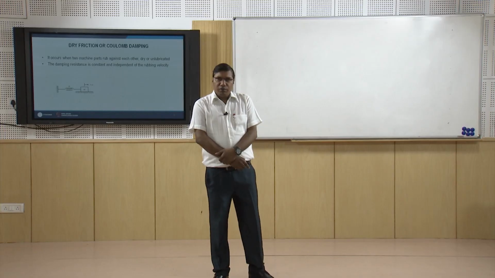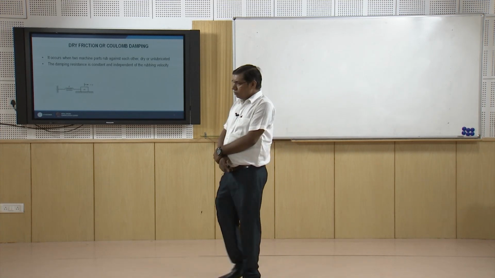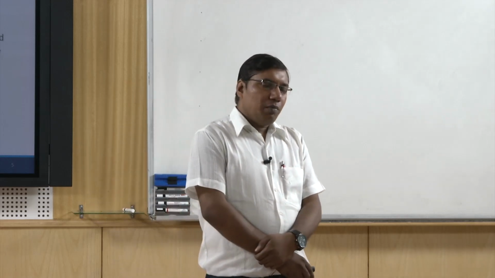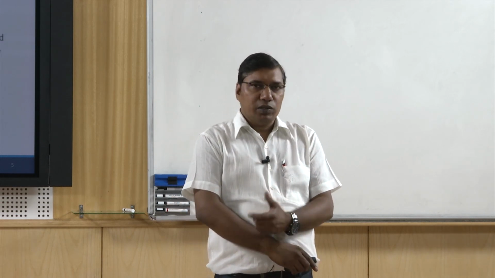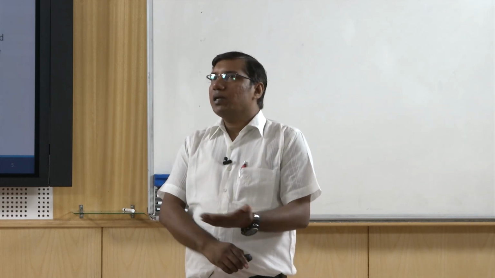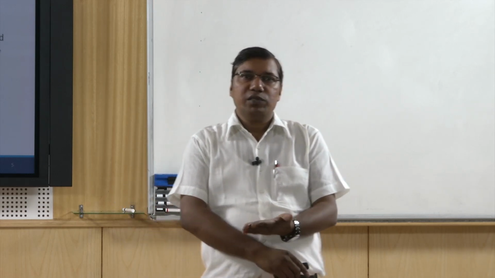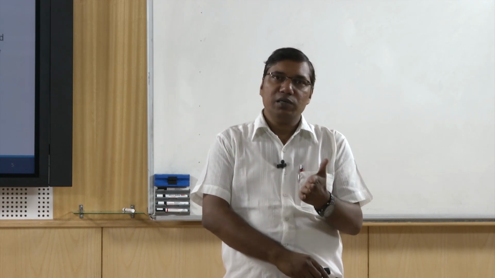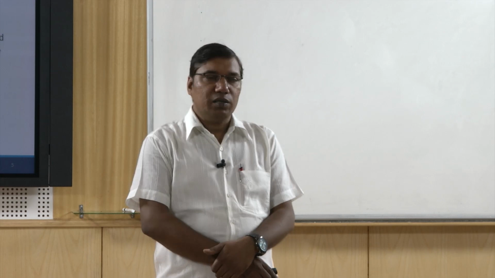Then another type of damping is dry friction damping or Coulomb damping. Whenever a mass is sliding on some surface, there is friction between the two surfaces, and due to the friction there is some energy dissipation, because the basic role of damping is energy dissipation. In viscous damping, it was energy dissipation in the fluid, and energy dissipation usually results in heat and sound.